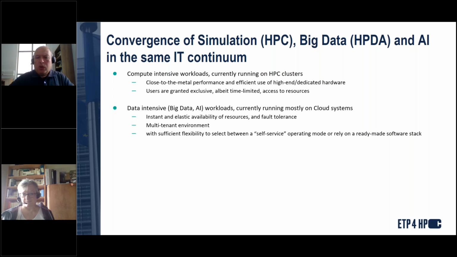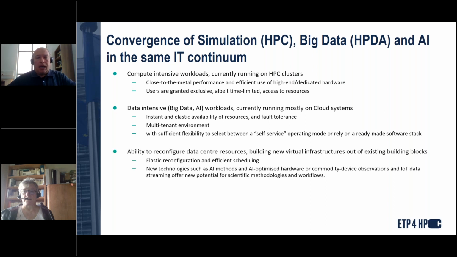So in the cloud environment, we observe more of a self-service operating mode and rely on mostly pre-configured software stacks.